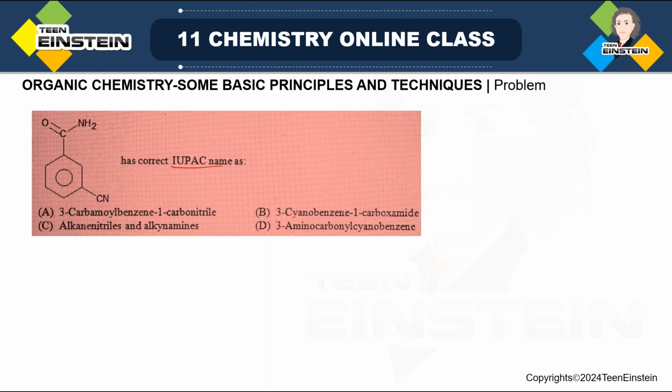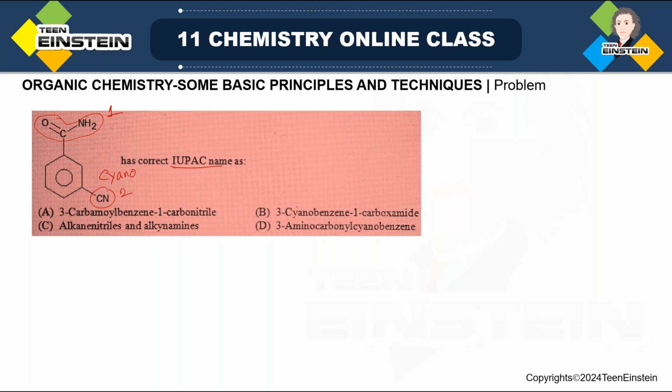4 names are given in the options. Now look at the groups. Here we have CONH2 group and we have CN. Now among these two groups, CONH2 gets preference over CN. Now we have seen that for CN, when it is used as a substituent, the name that we are going to use is cyano.